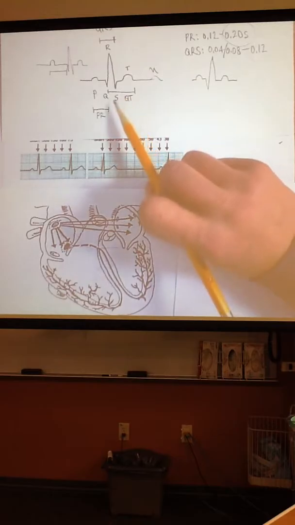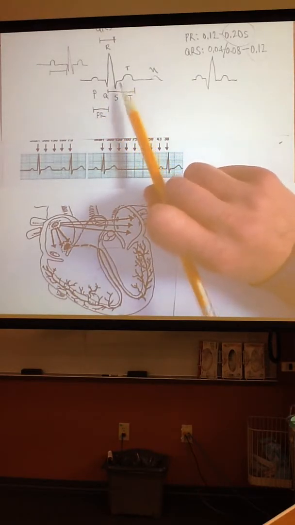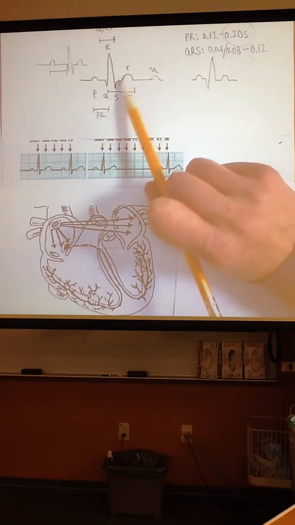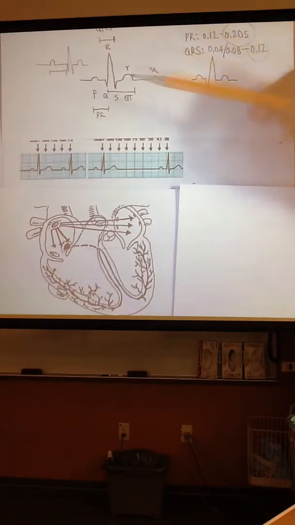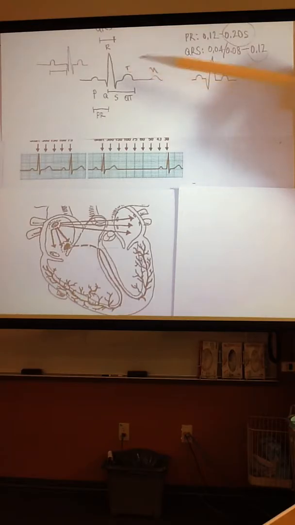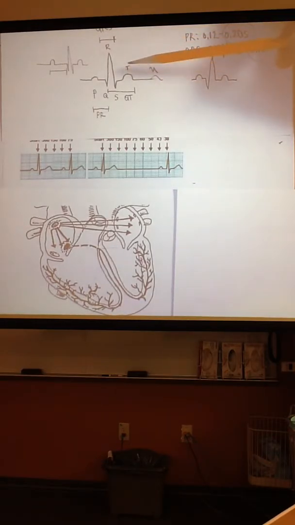Next we move on to this ST segment, and during the ST segment is essentially when ventricular contraction is occurring and the blood squeezes out. We move on to the T wave, and that is going to be the ventricular repolarization that occurs.